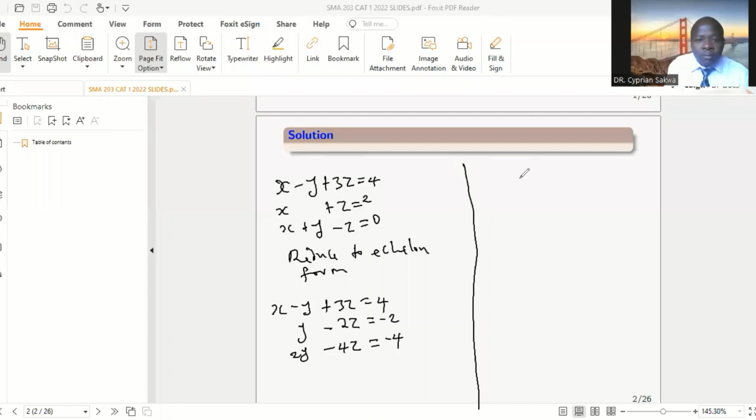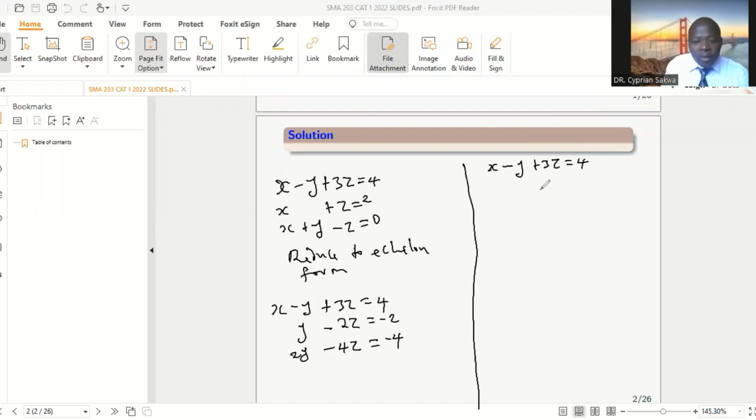So the first equation, remember, is x minus y plus 3z is equal to 4.